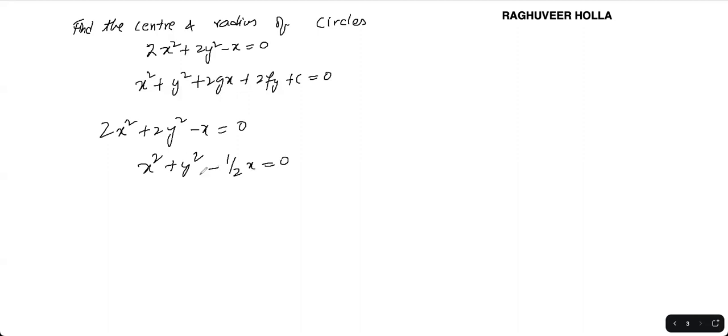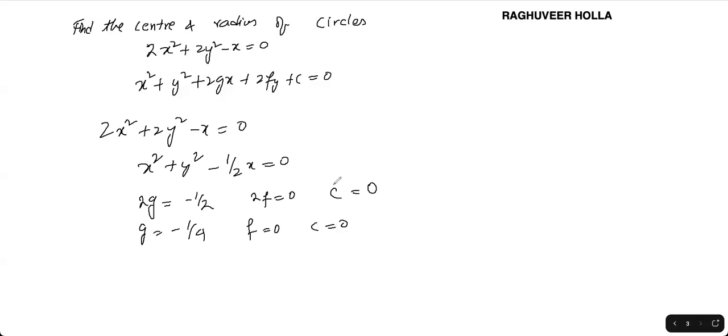As you can see, when I compare, I get 2g as minus half, and 2f as 0. I don't have any y terms, and the constant is 0 here, right? So g will be minus 1 by 4, f will be 0, and c is 0.